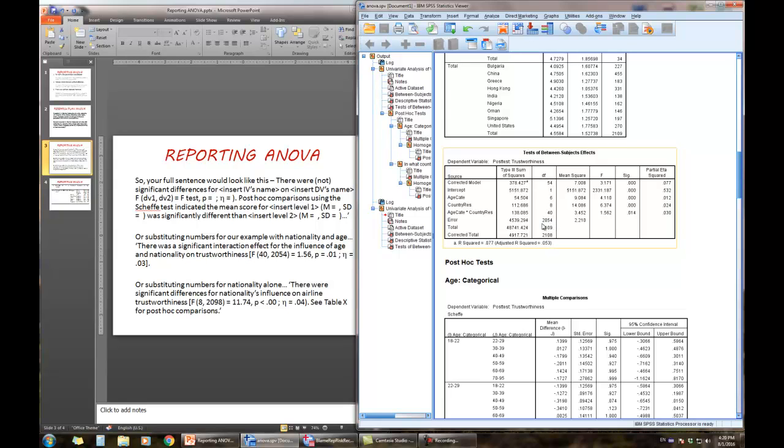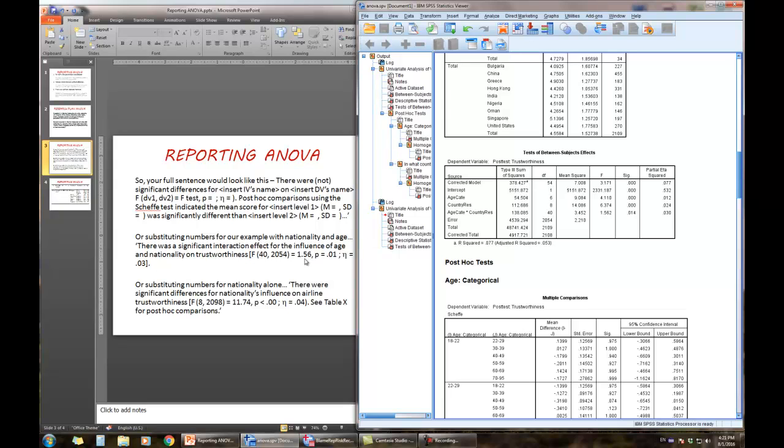Then your second number is always the error degrees of freedom, the total number in your sample minus any of your control variables and or your test variables. So 40 and 2054. The F test, then, the 1.56, comes from right here.